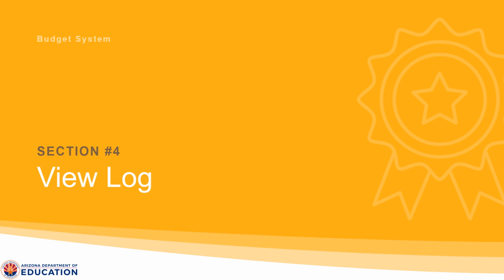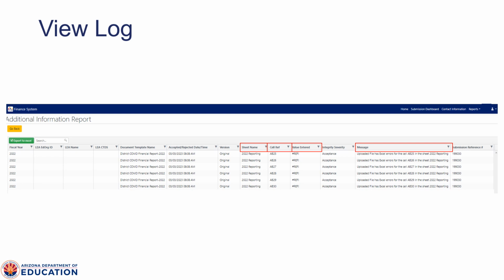Next, we will review the View Log button. If a document upload provides a status of either processed with warnings or informational, or rejected, you can navigate to the View Log column and find a blue button to click on. When you click on this button, it will provide all the details of the issues the system found with the document, such as shown on the screen.